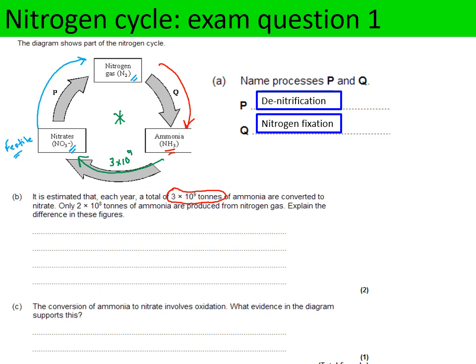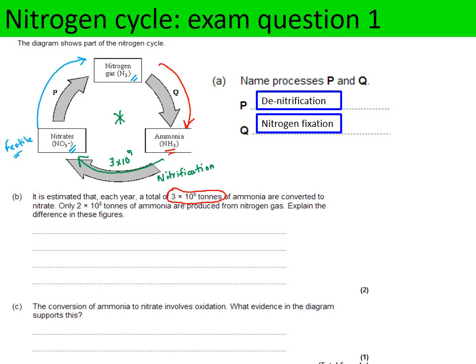Now we know this step here, we can start to annotate the picture a bit. It's called nitrification, and that involves Nitrosomonas and Nitrobacter. So Nitrosomonas takes in ammonia, converts it to nitrite. Nitrobacter takes in nitrite and converts it to nitrate ions.